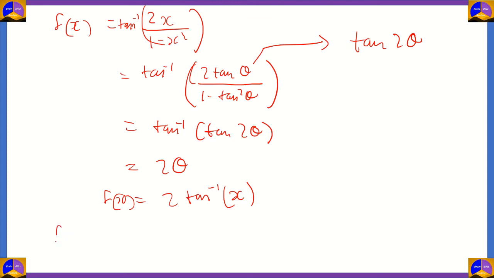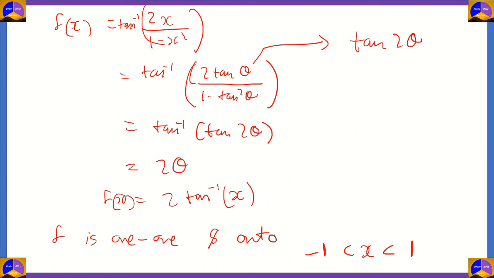Now the function f is both one-one and onto. So since it's one-one and onto, minus 1 will be less than x will be less than 1.